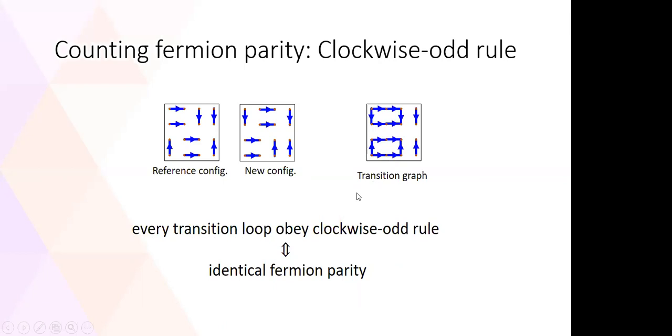And this is essentially just the Kasteleyn orientation. So we know we can guarantee this on, let's say, a planar graph.